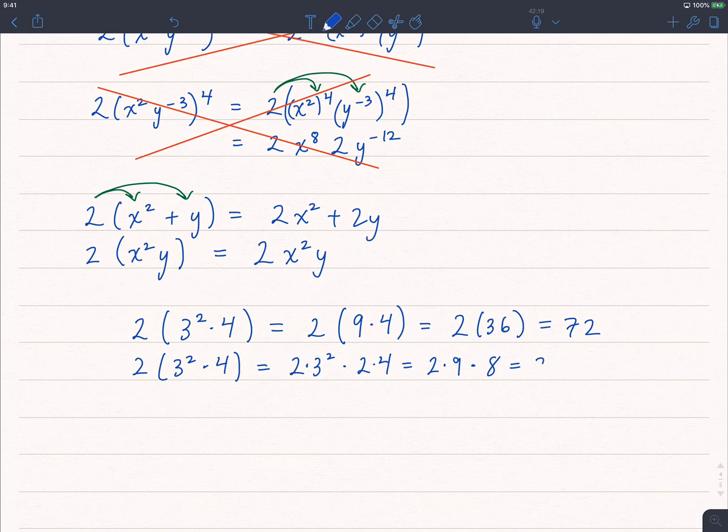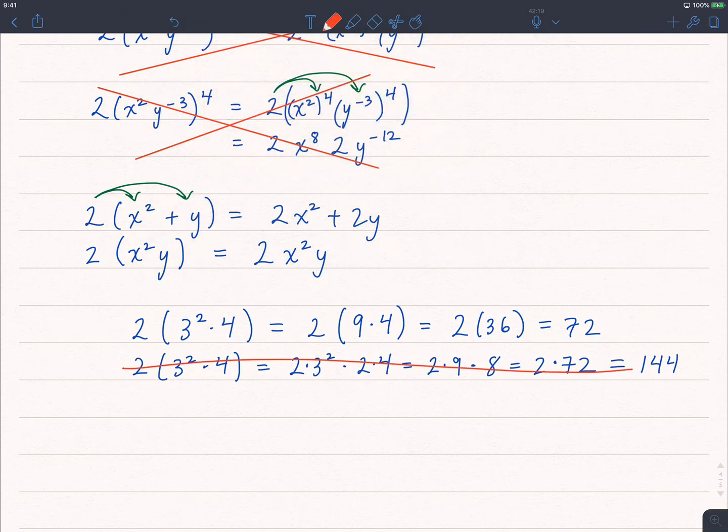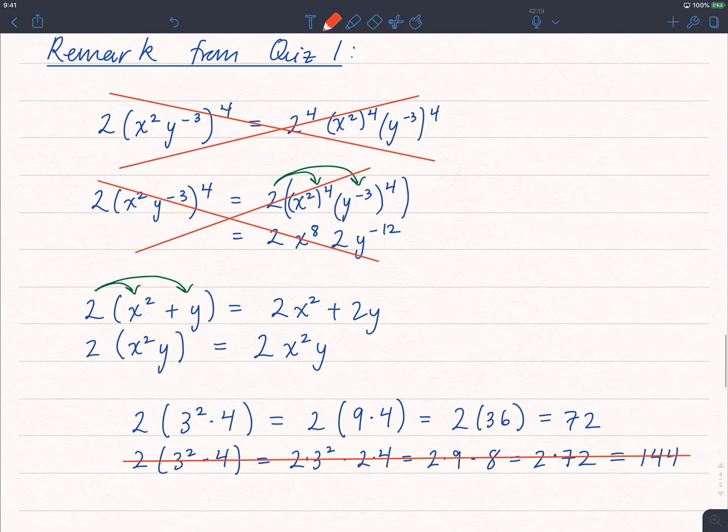Right, so this would be 2 times 72, which is 144. So these are not the same thing, and we know that the right answer is 72. So be aware that you can only distribute across addition. Okay.